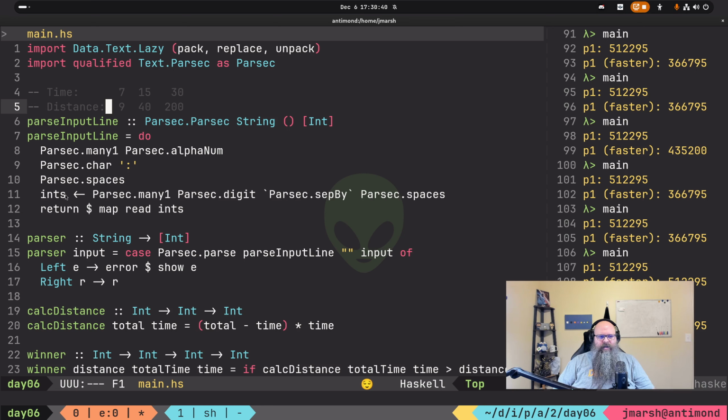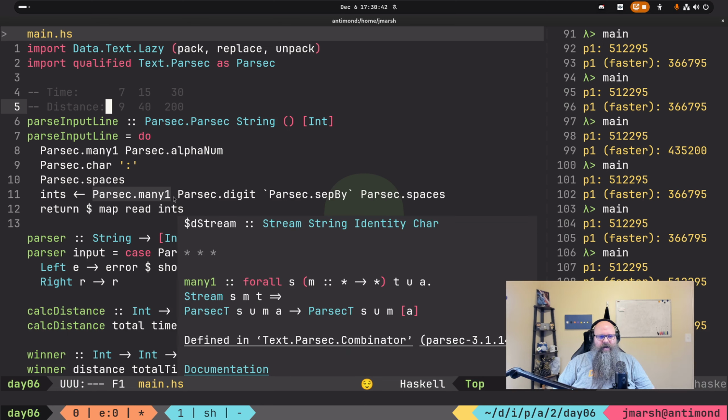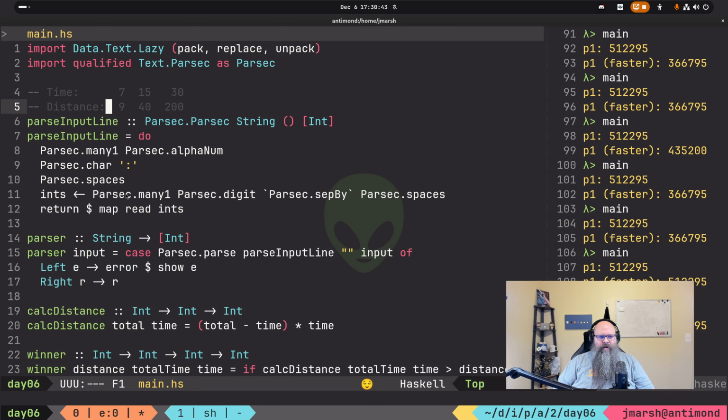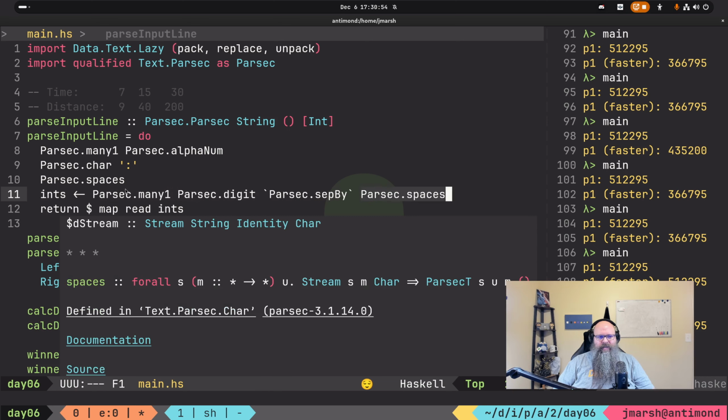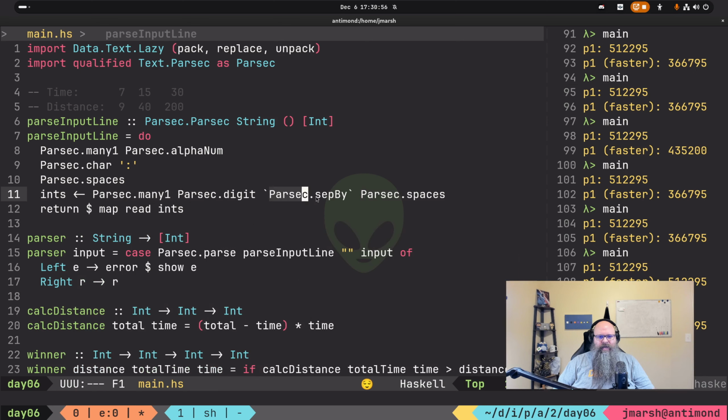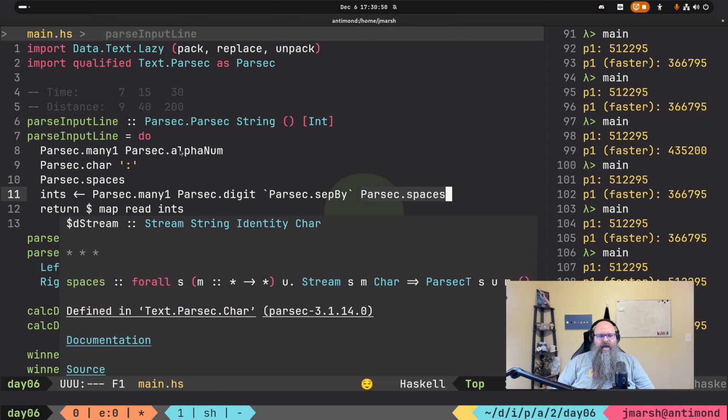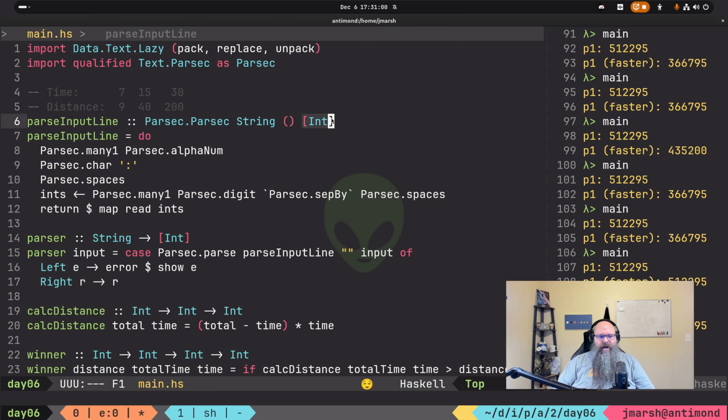And then all the integers are just many1 digits separated by spaces. That's the way to describe it, right? It's this separated by this. And turn those into integers, you get an array of ints.